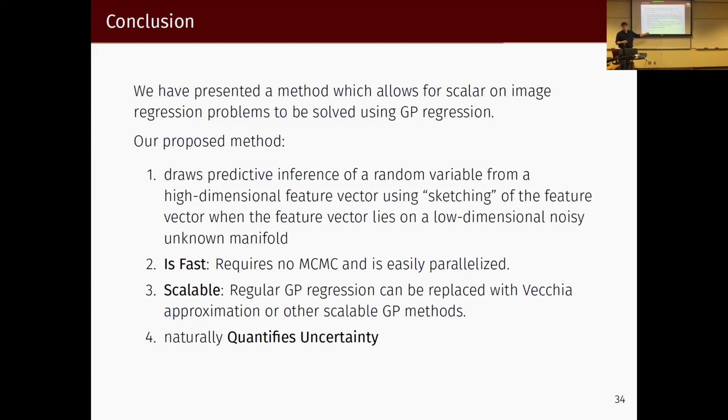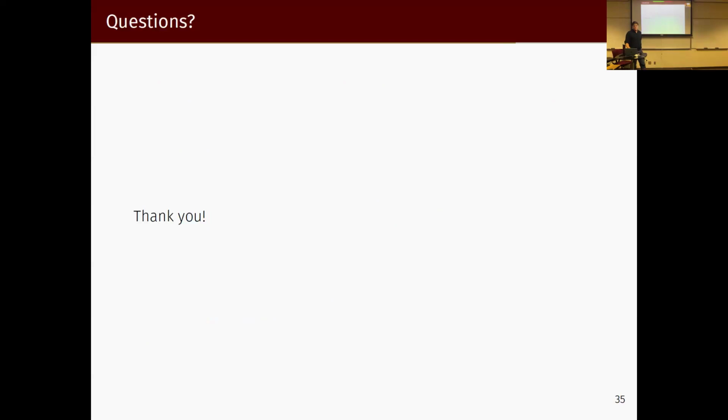It's scalable. Something I'm currently working on is scaling this up to large N by replacing the inversion of the covariance matrix with sparse Cholesky setups like the Vecchia approximation, and we naturally quantify uncertainty. So I think it's quite a nice method. But all right, that's it.